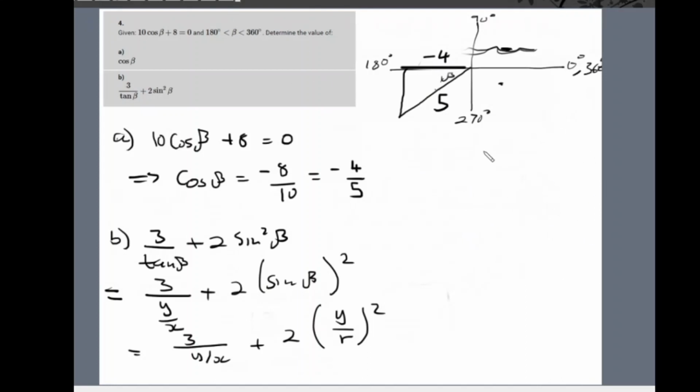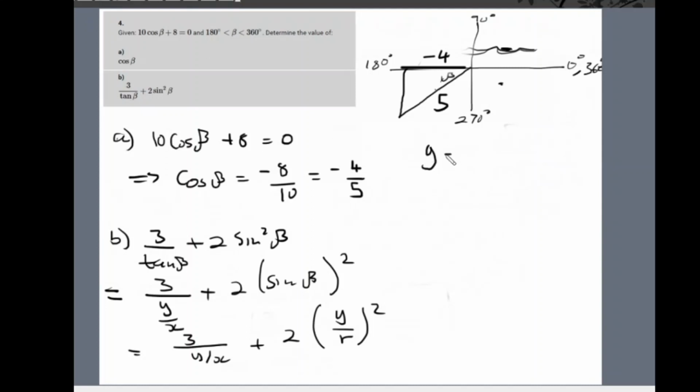Sorry, we don't know the value of y, not the value of r. We know r and x, and we want y.